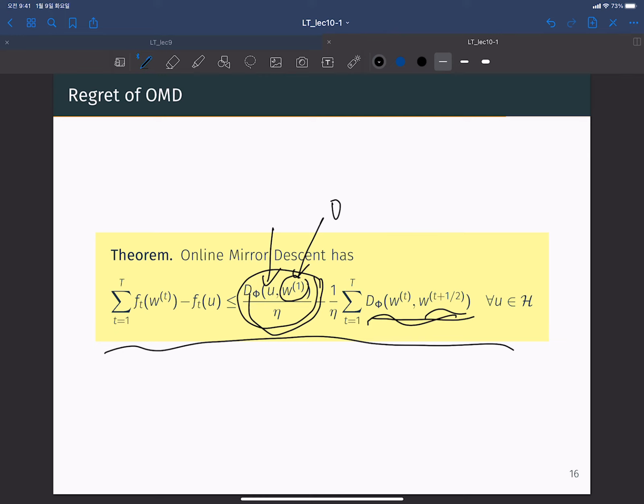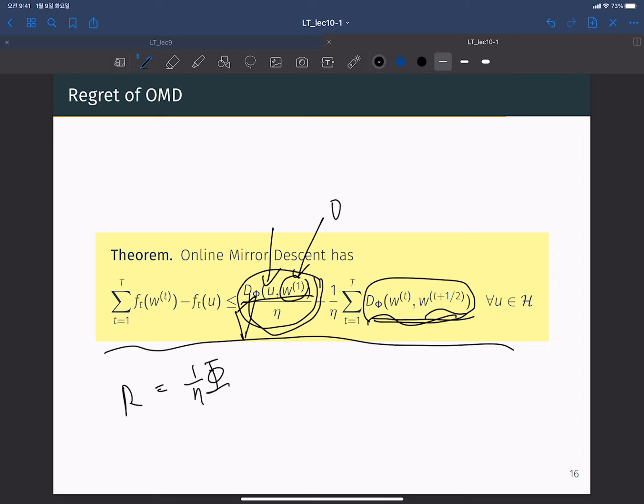Of course, when we change the regularization function R, when R is 1 over eta times Π, so when you change the Π function, this diameter and this stability term will change as well.